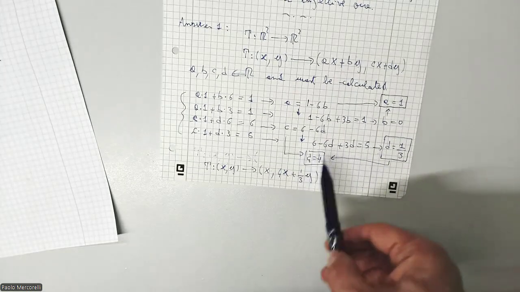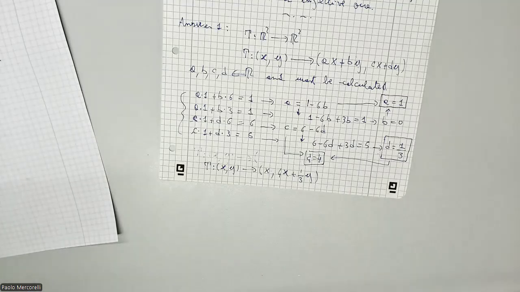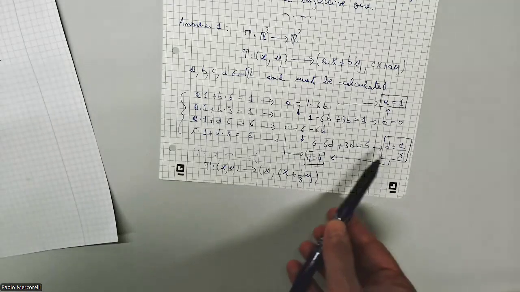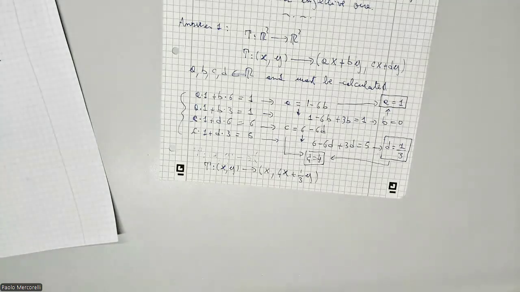From here, doing the easy calculation, we have D equal 1 divided by 3. If D equal 1 divided by 3, I can plug in here, in this equation, and I have C equal 4.